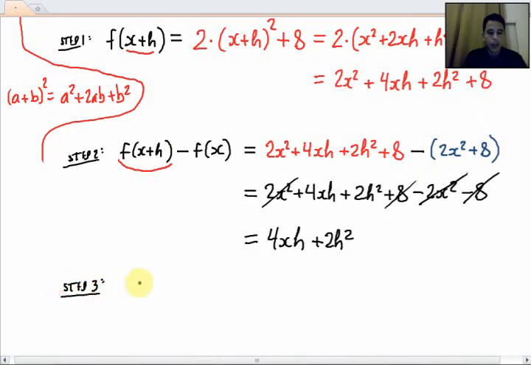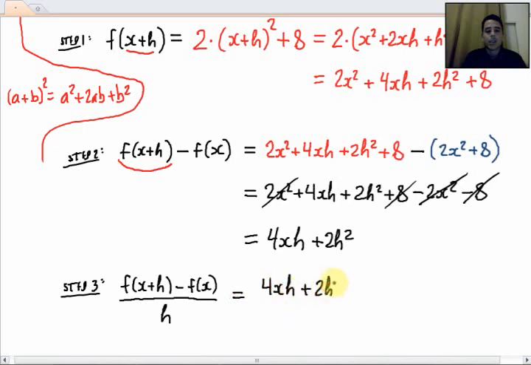We divide by h. That's the rise over run, right? This is the rise, here's the run, h. So divide that by h, and here we can do some simplification.